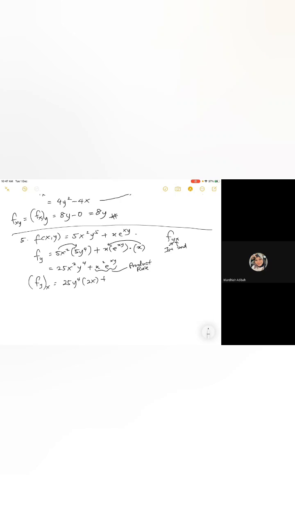So product rule is uv prime plus vu prime when you want to differentiate the uv. Let's say x squared exponent xy, and then differentiate the xy with respect to x, we'll get y plus exponent xy, differentiate x will be 2x.